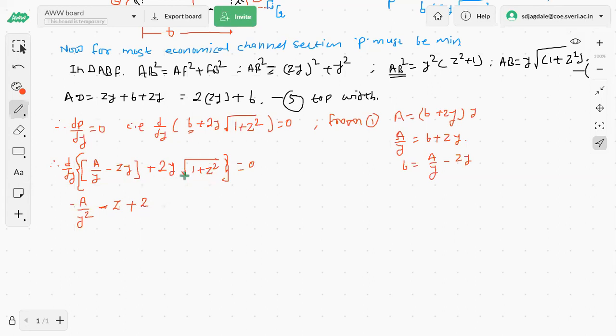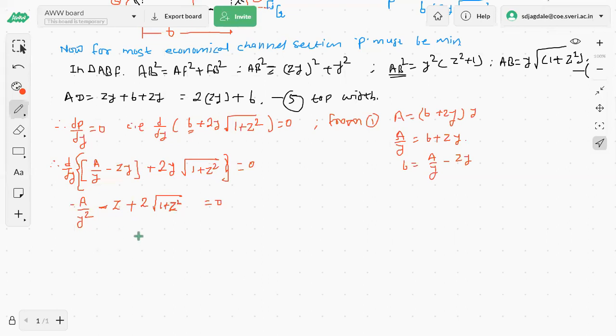The differentiation of the same: 2y into the differentiation of the constant, which will be 0, plus the constant into the differentiation of 2y. So that will be 2 into 1, as the differentiation of y is 1. So 2 into root of 1 plus z square, that is equal to 0. This is the z.